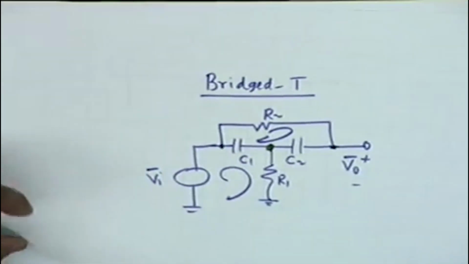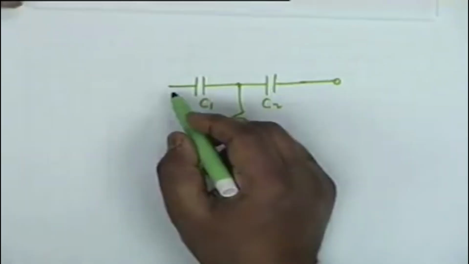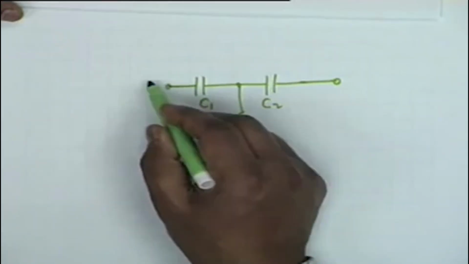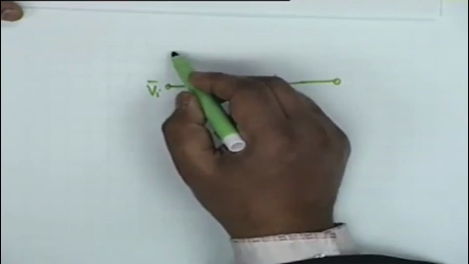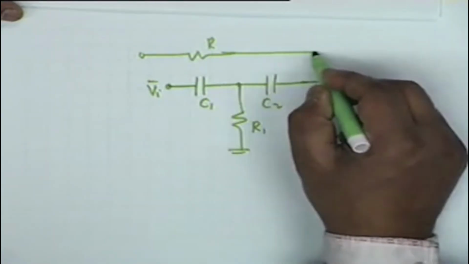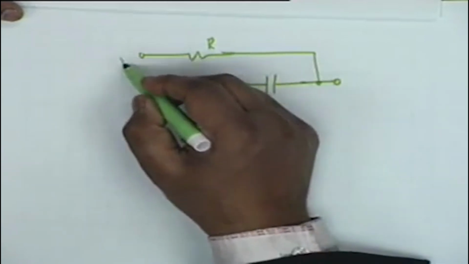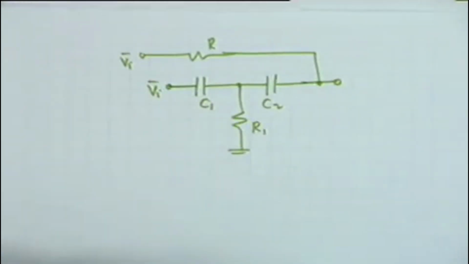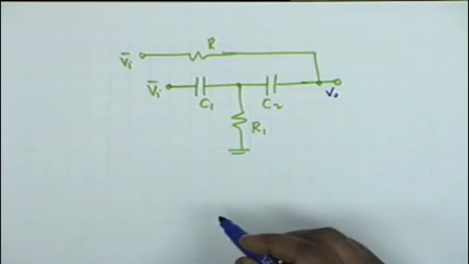It should not. Let us see what it gives. This is Vi and the other branch has a resistance R, and this voltage is also Vi. I have separated the 2 input branches, alright. And this is V0.